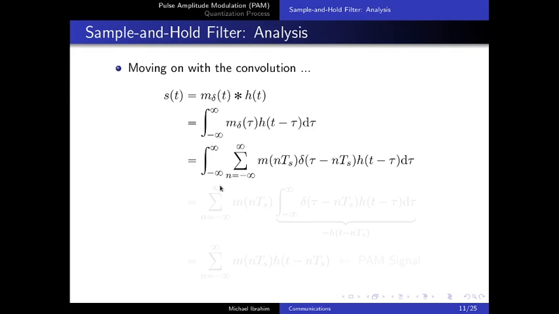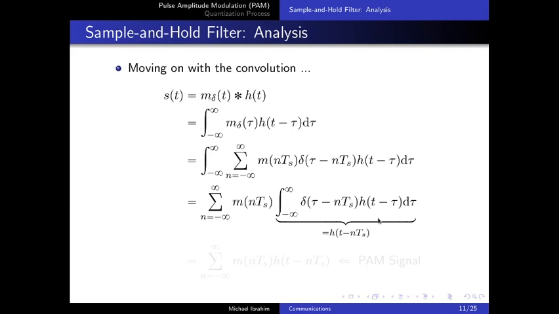Next, we'll exchange the summation and integration. So it will be summation of m of nTs times the integration of the impulse times h d tau. Multiplying a function h of t minus tau by an impulse under the integration, we get the value of the function evaluated at the instant where the impulse happens. But keep in mind, this integration is with respect to tau, so tau is a variable. So the first question: where does this impulse happen? It happens at tau equals nTs.